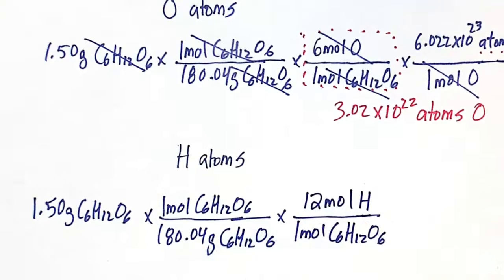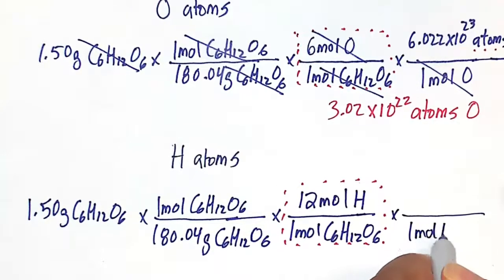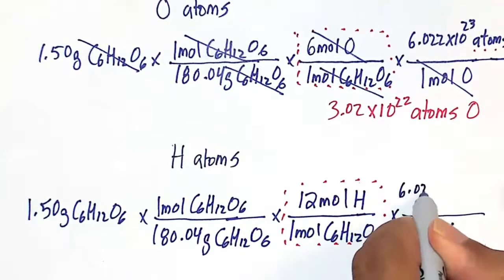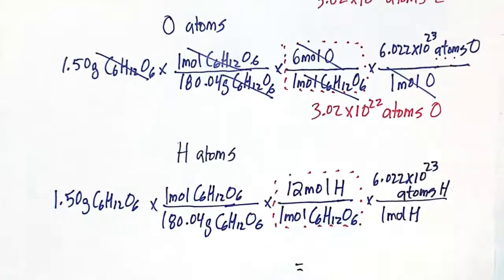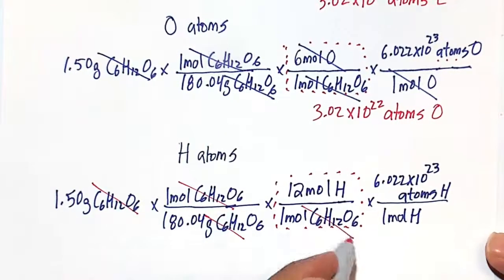Okay, so that is our part-whole relationship. And then we know that for every 1 mole of H, we have Avogadro's number of atoms. As before, we can cancel out our units. The grams of glucose cancel, moles of glucose cancel, and then finally moles of hydrogen cancel out with moles of hydrogen with this relationship.